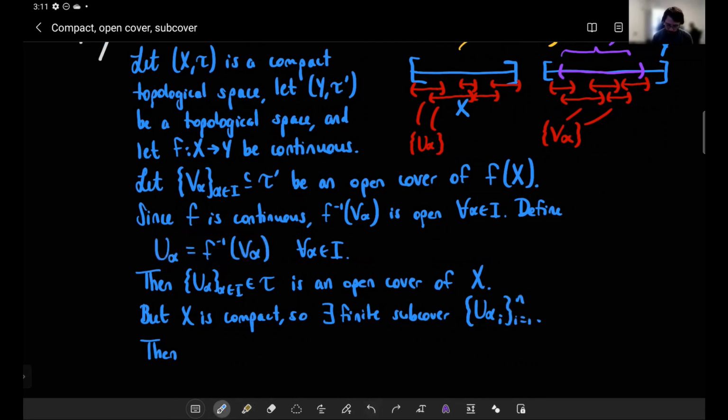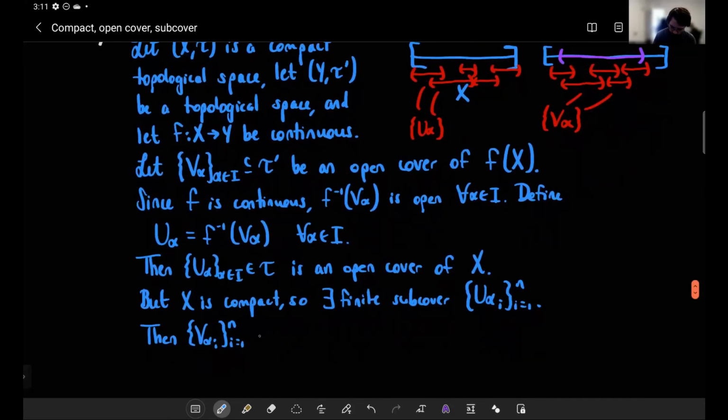So why not just consider the collection of v alpha i, ranging over the exact same index set. And then this ends up being a finite subcover of the original cover, which was just all of the v sub alphas. Again, that requires proof.